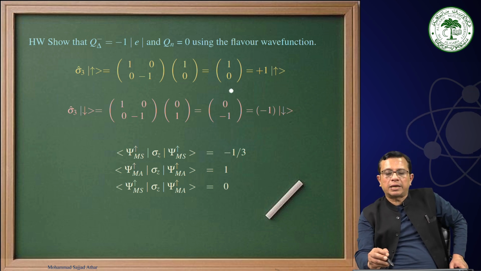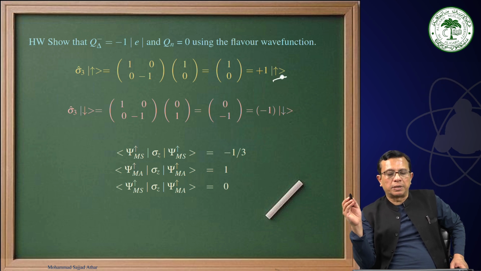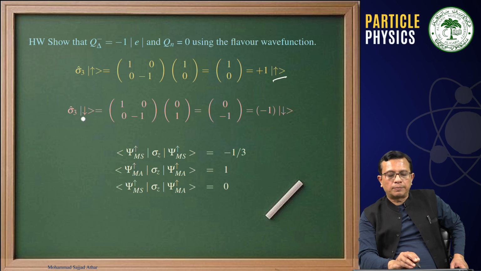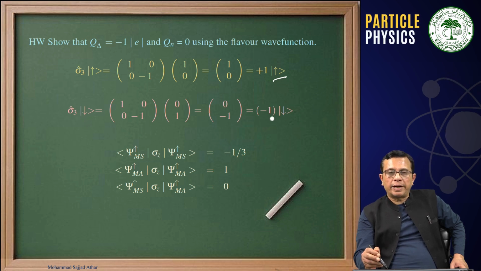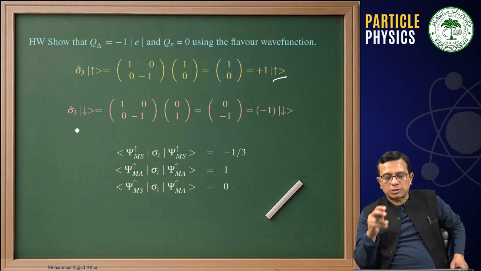Therefore, this is giving us 1, 0, and 1, 0 is nothing but the particle in spin up state. While sigma 3, when it operates on spin down state, it gives us minus 1. That means the eigenvalue, if sigma 3 operates on spin up state, is plus 1, and when sigma 3 operates on a spin down state, the eigenvalue is minus 1.